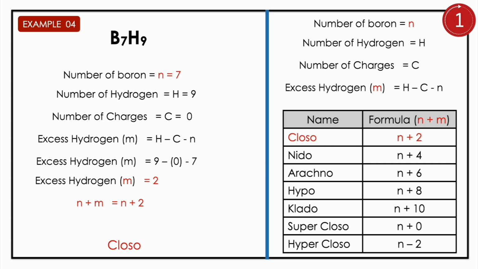There is no charge, so C equals 0. So excess of hydrogen, which is M, equals H minus C minus N. H is 9, C is 0, N is 7, so M equals 2. N plus 2 means it is a Closo system. So according to Wade's rule, B7H9 has Closo structure.